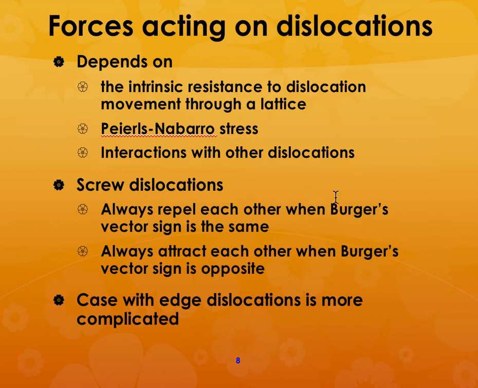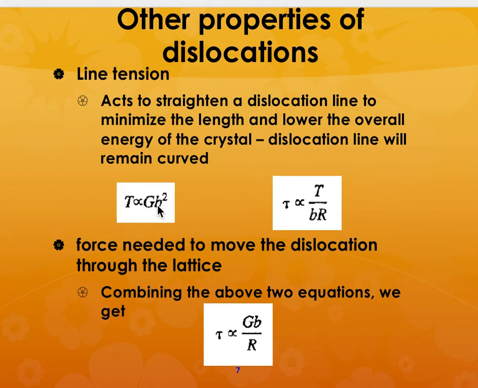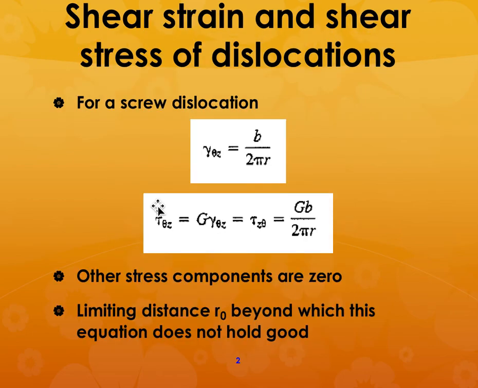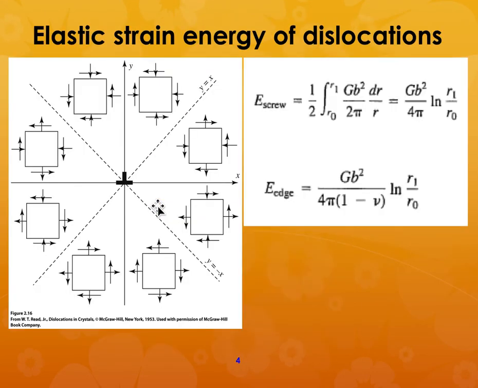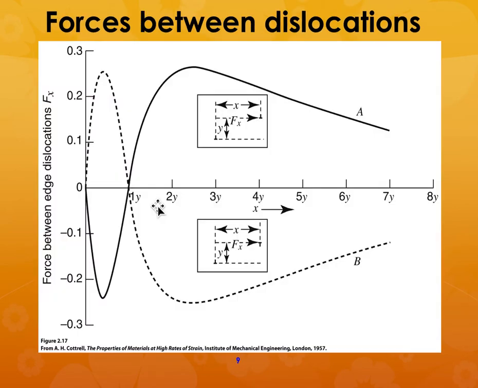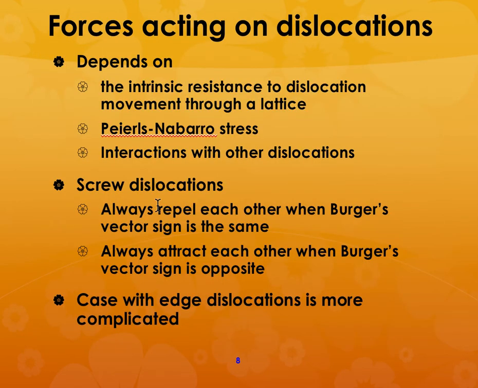And how do you know that? In the case of screw dislocations, they are much easier to understand. They always repel each other when the Burgers vector sign is the same, and they will always attract each other when the Burgers vector sign is opposite. And where does this come into picture? In one of the earlier images you saw that the edge dislocation has an extra half plane, right?